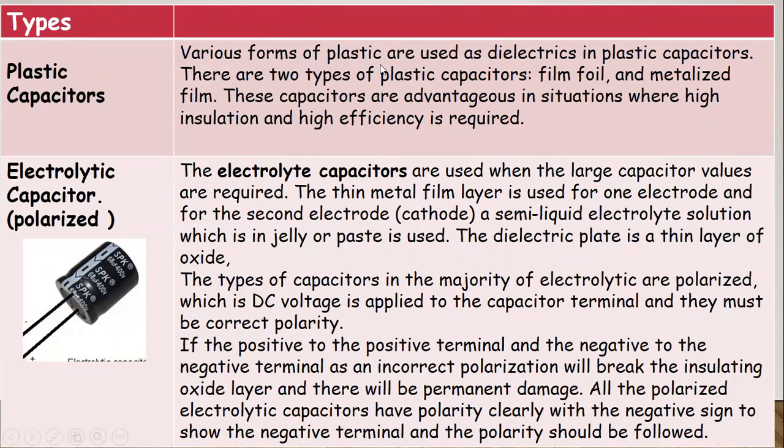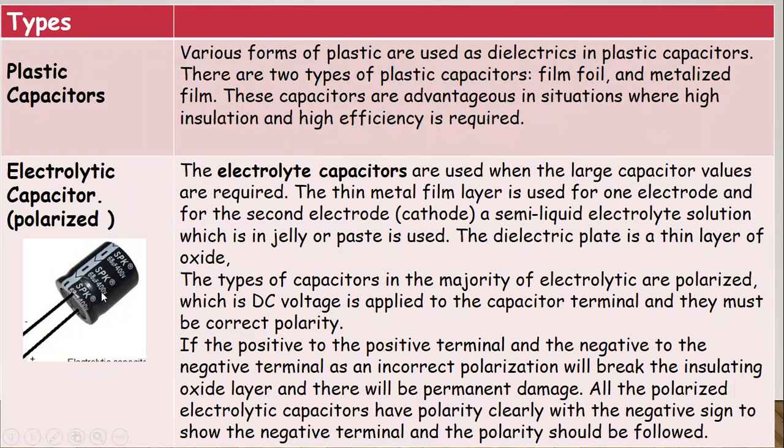Plastic capacitor: various forms of plastic are used as dielectrics in plastic capacitors. There are two types of plastic capacitor, film foil and metallized film. These capacitors are advantageous in situations where high insulation and high efficiency are required.